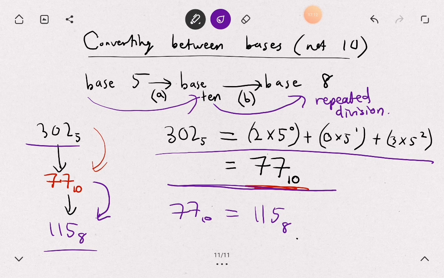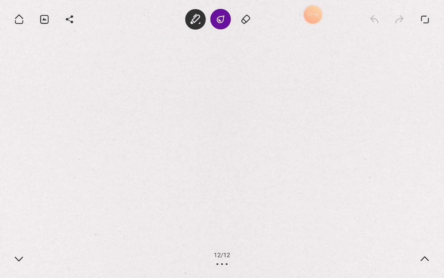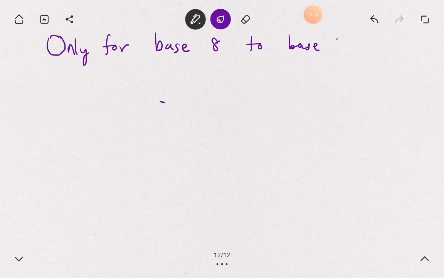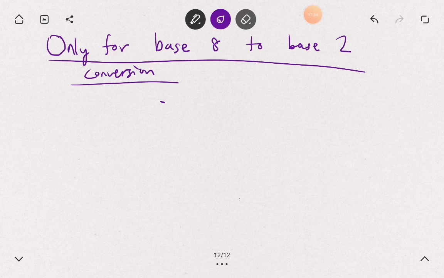Okay, alright, now I'll give you a special trick which only applies for base 8 to base 2 conversion. Alright, this is special.